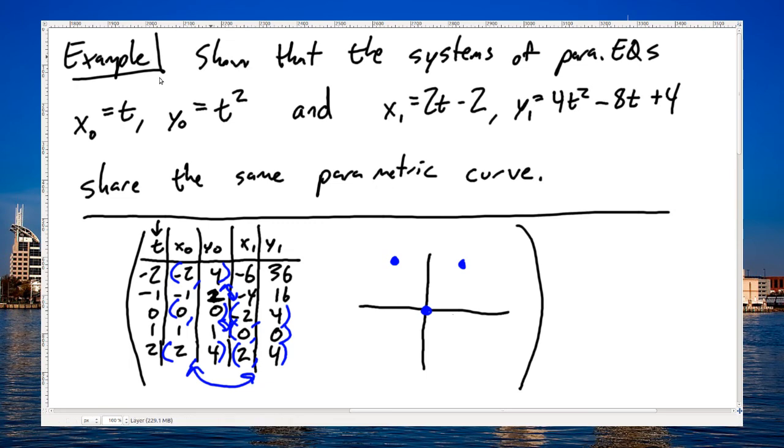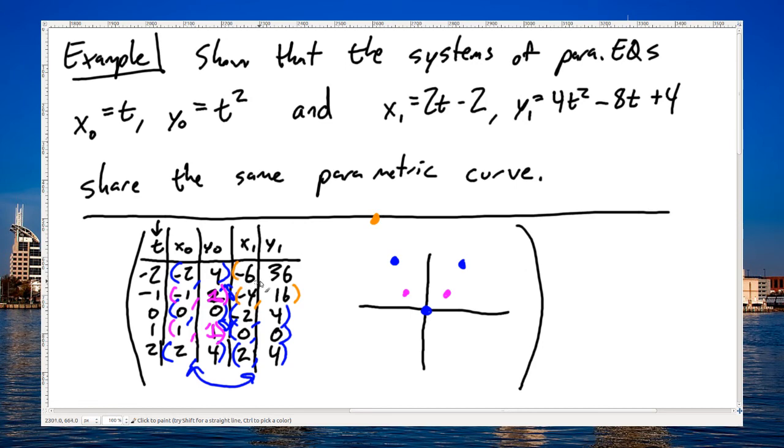And then I can also plug in these other ordered pairs. I've got a -1, 1. Sorry, that should have been a +1. I've got a +1 right here. All right, and then what else? On the other one, I've got a -4, 16, which would be way up here.